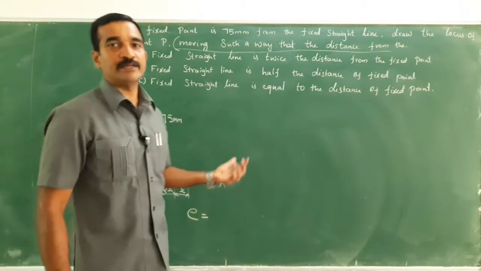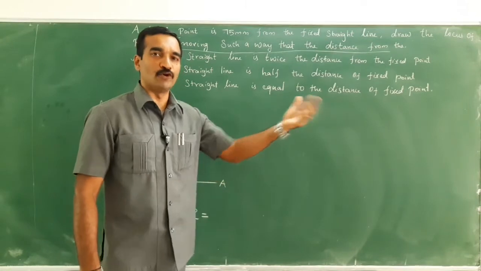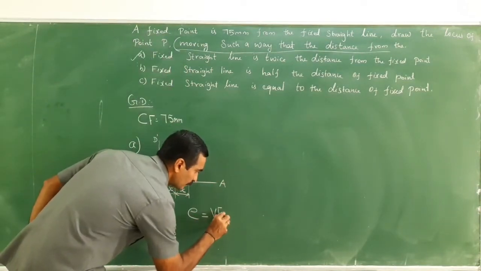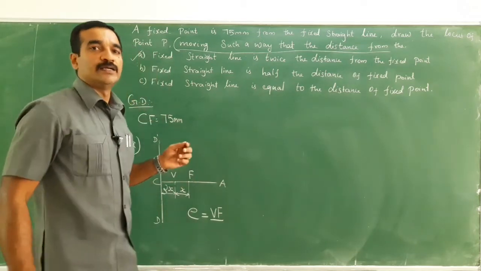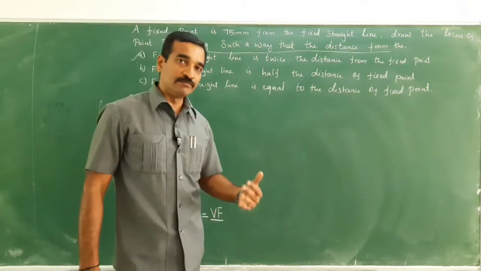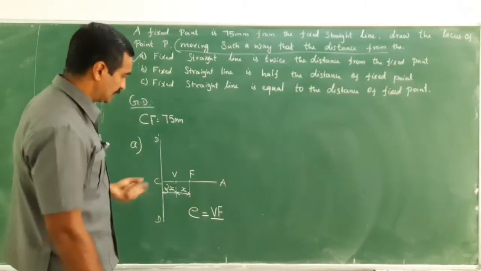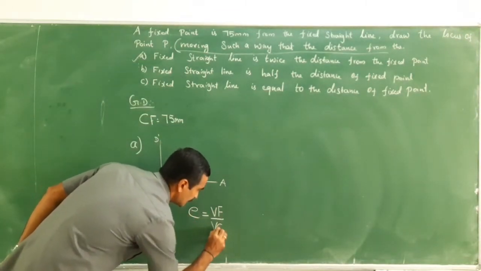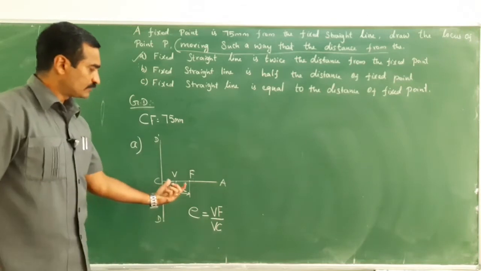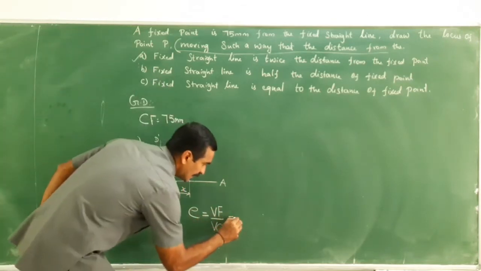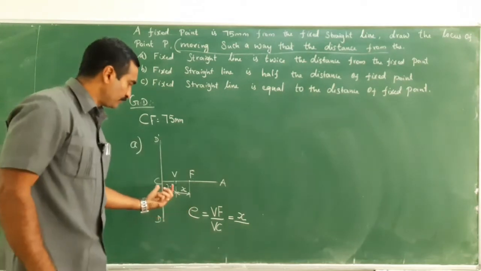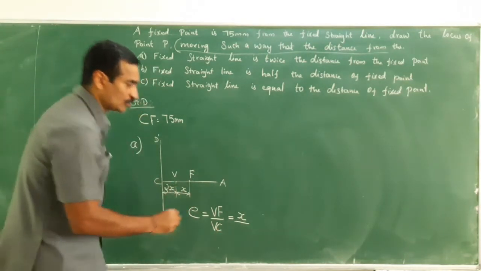Right? So what does E stand for? Eccentricity is nothing but the distance of the moving point from the focus, that is VF, to the distance of the moving point from the straight line or directrix, which is nothing but VC. What is VF here? It is x. What is the distance of V to C? That is 2x.